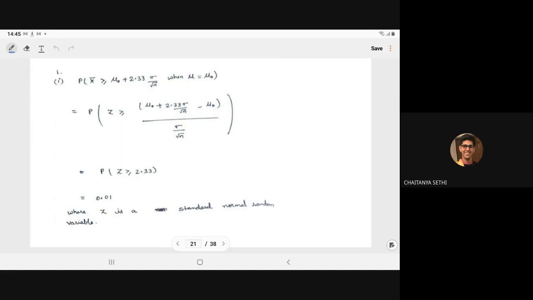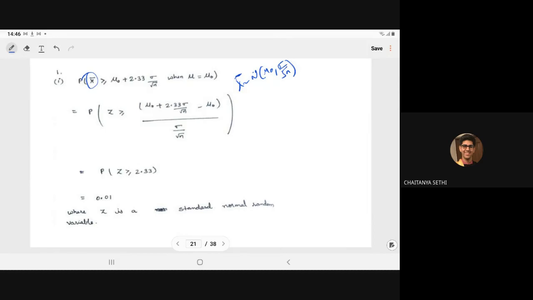So we convert this into the standard normal distribution. We know that x bar follows the normal distribution with parameters mu naught and sigma upon root n. So we write x bar minus mu naught upon sigma upon root n, which gives you z.